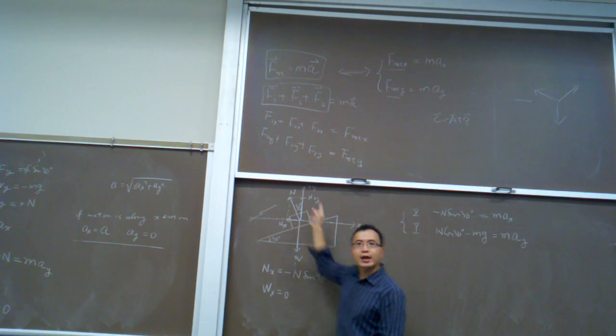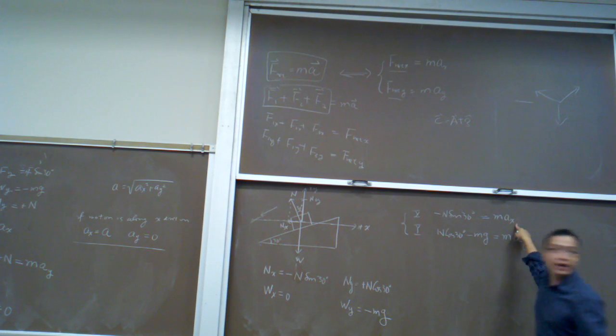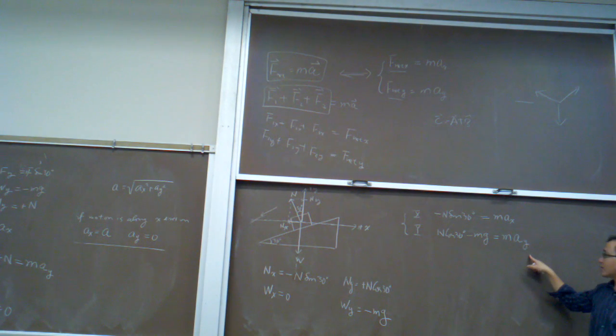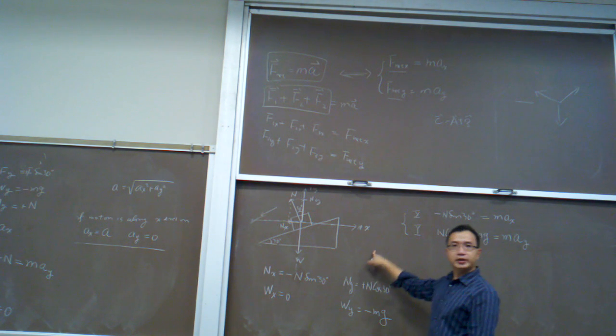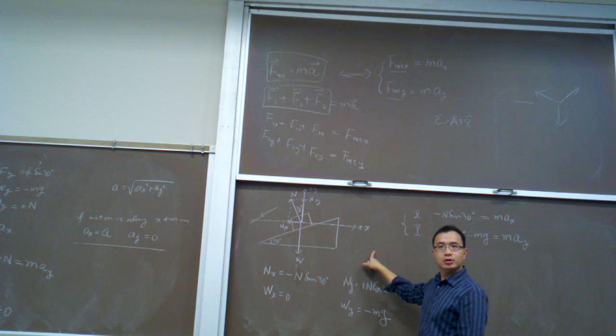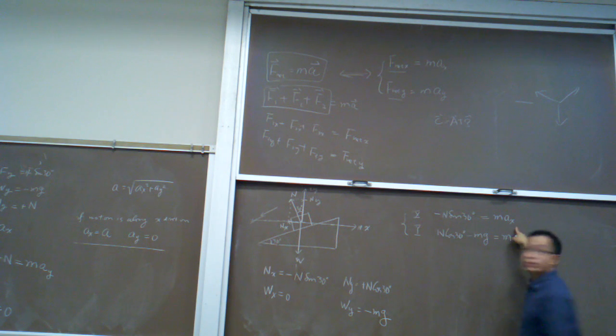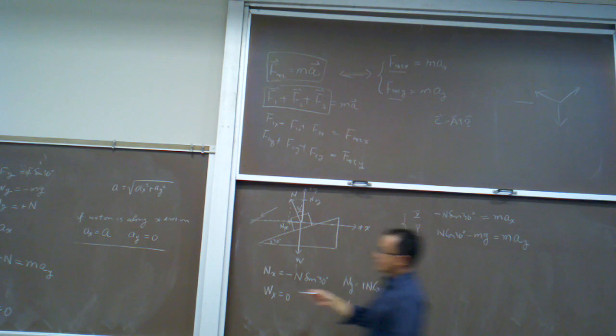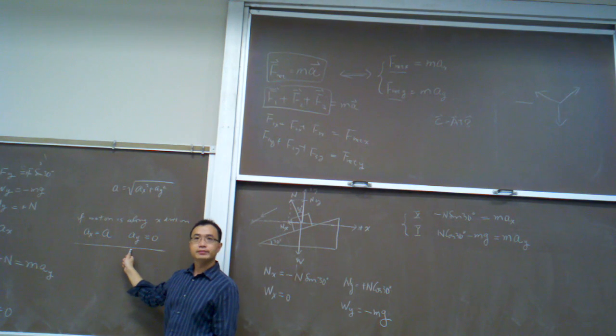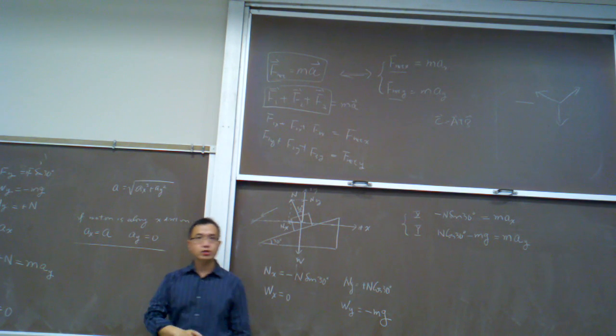The acceleration has both a non-zero x component and a non-zero y component. So in this coordinate, you can only write it to this point. You cannot simplify it further. Any question here?